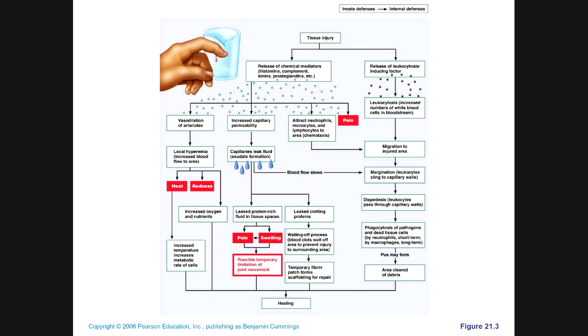There's our tissue injury. Here are all these chemicals. White blood cells are going to come, and white blood cells are going to eat and destroy and try to get rid of things until we clear the area. We're going to get vasodilation.